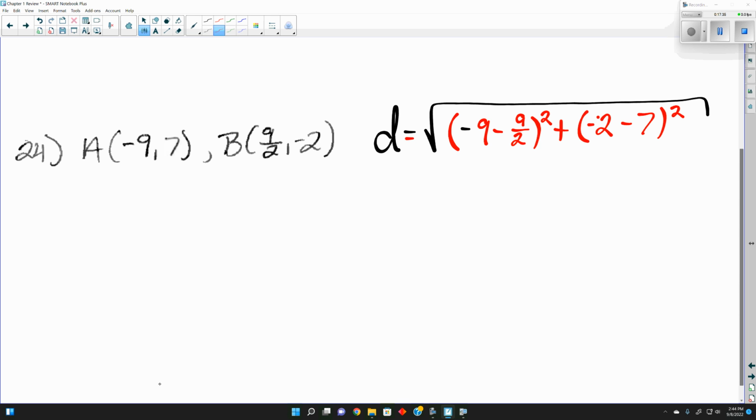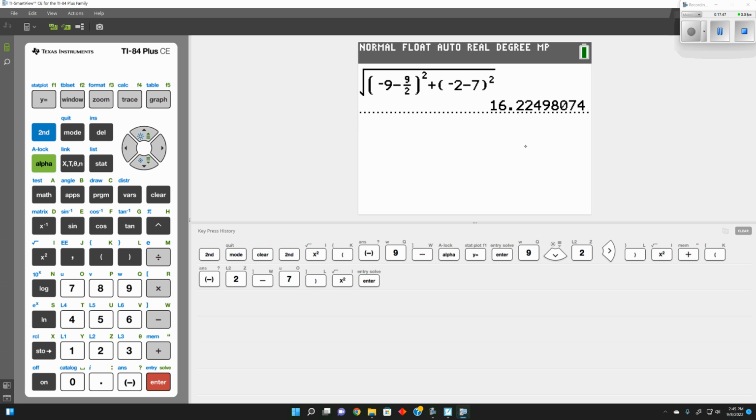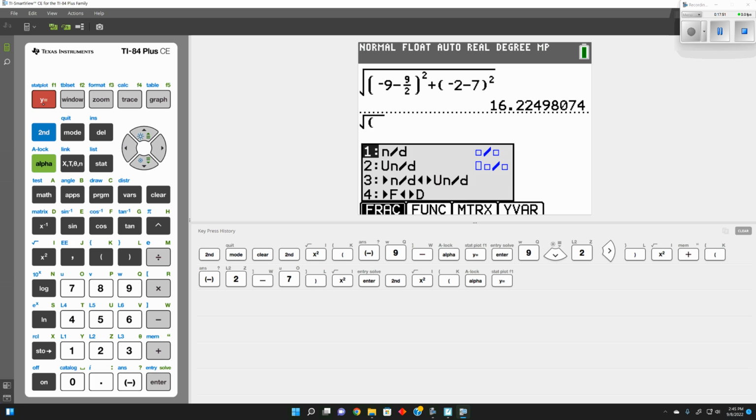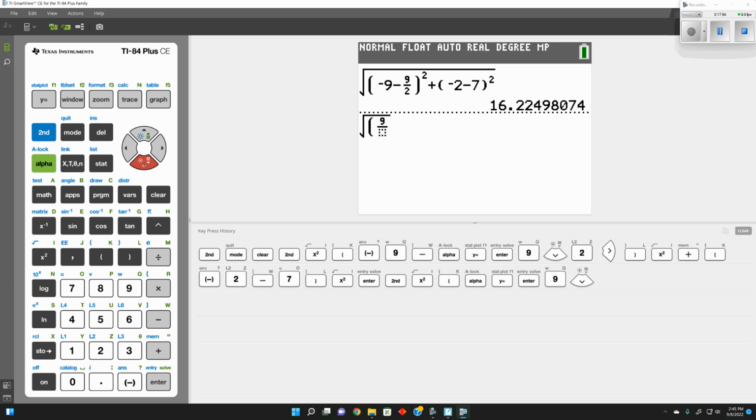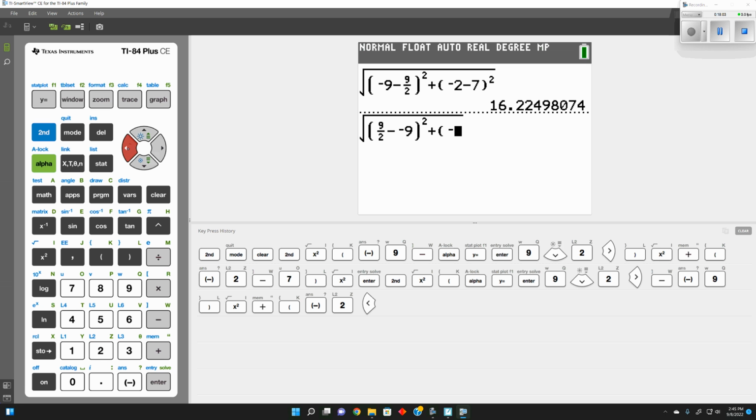So I could have rewritten this because the 9/2 is positive. We could have said 9/2 minus -9. On the calculator: second square root, parentheses, 9/2 minus -9 squared plus, we can do it on both sides, 7 minus -2 squared.